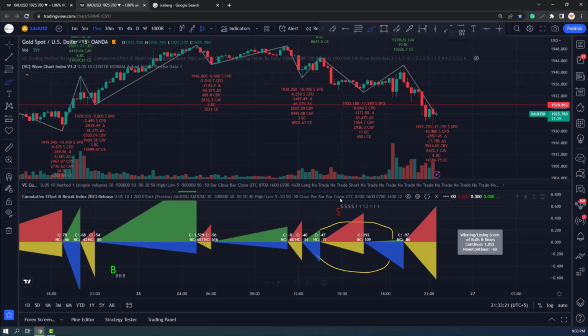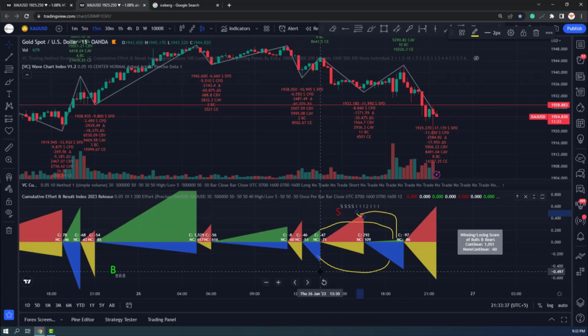And what if you compare this green to this red? Are you able to find an anomaly in this comparison as well? If you compare this green upside movement with this down movement. Yeah, it's similar. The price is much higher compared to the effort. Less effort, but higher increase in price.